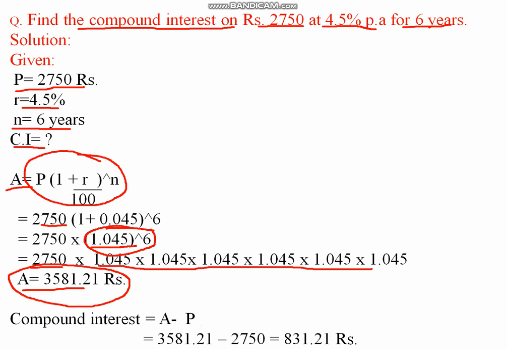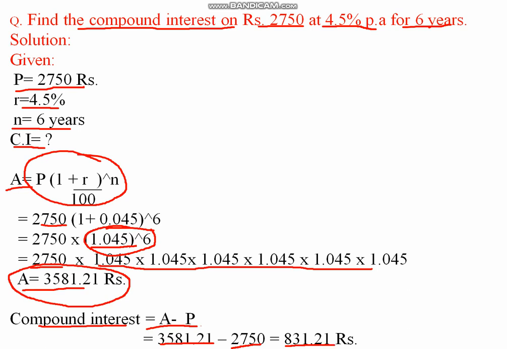After finding the amount, we know the formula, compound interest is equal to A minus P. So put the value of A, 3581.21, minus principal 2750. Subtract it, and we get the answer 831.21 rupees.